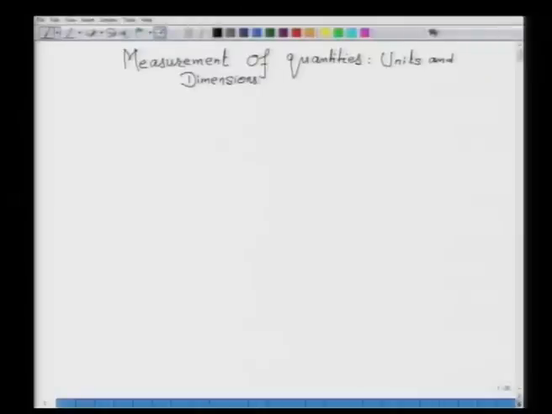Now, the first lecture that I am going to give you is on the measurement of quantities, units and dimension. I have experienced over the long years of teaching that students often make mistakes in finding out the units, in deriving the units, in knowing the units. So, I have thought, let me introduce the basic concepts of units and dimensions.